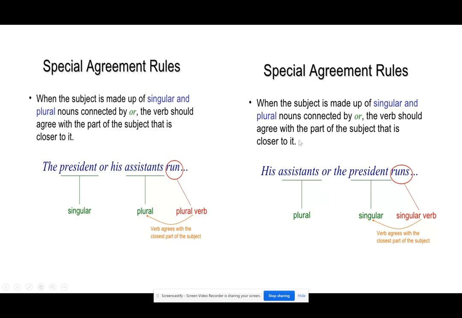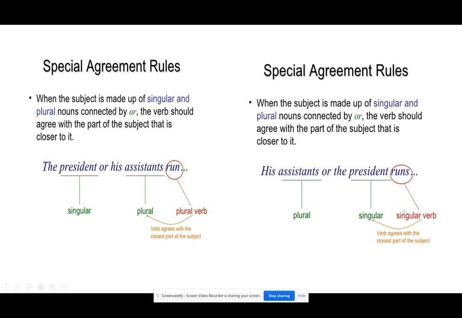Okay, let's look here. Let's switch this around a little bit. Remember, we're wanting the one that's closest to the verb. His assistants or the president runs. Okay, assistants is plural, it comes first. President is singular, so we're going to use the singular verb.